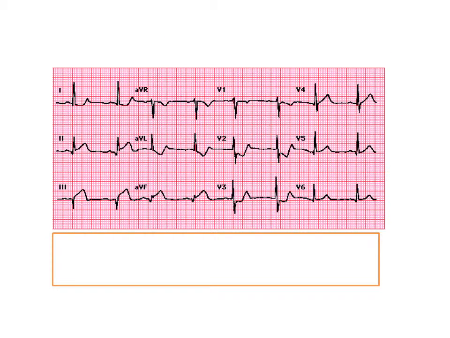All right, let's look at this really quick. What do we see here? There's not a rhythm strip at the bottom, so let's ignore that. But what do I see in terms of my leads? Something kind of glares out at me, and that's that leads 2, 3, and AVF have something going on in them. I look at that, what do I see? That ST line, especially when you look at AVF and 3, is really sloping up.